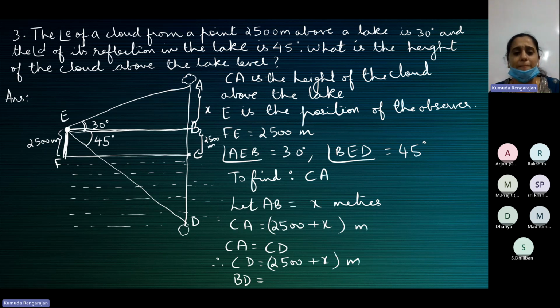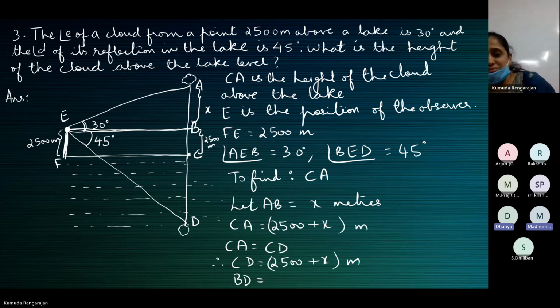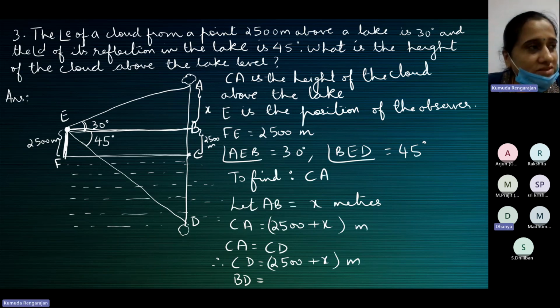Please think again. Okay, ma'am, it's X minus 2500. Yes, Danya. Once again. X minus 2500.